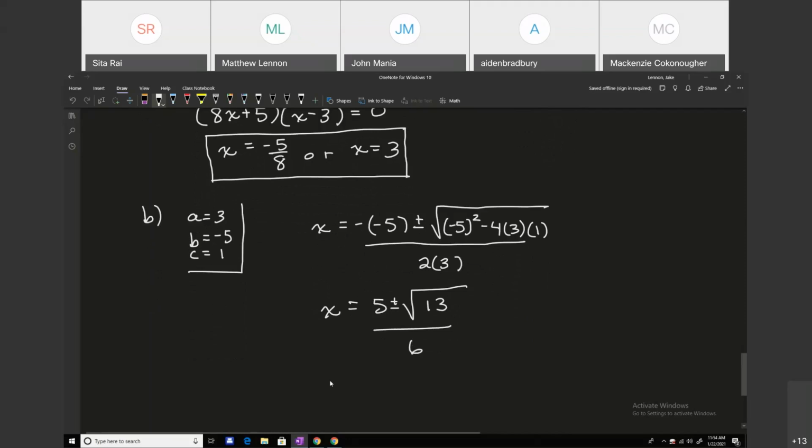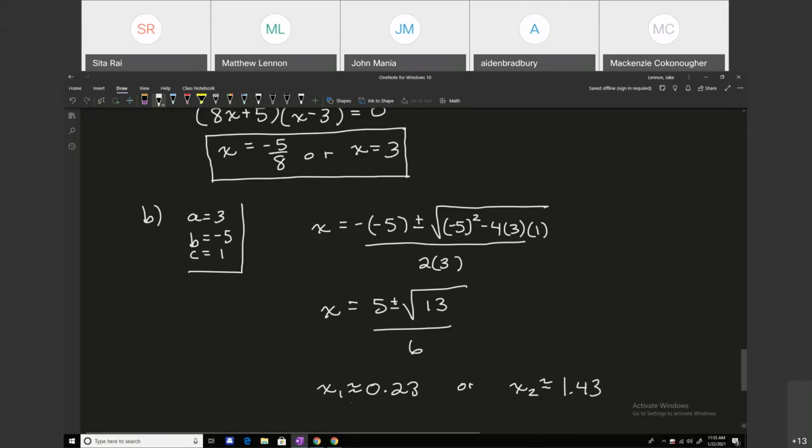And you could get your two approximations if you want. Let's say x1 is approximately... So we get about 0.23 or 1.43.